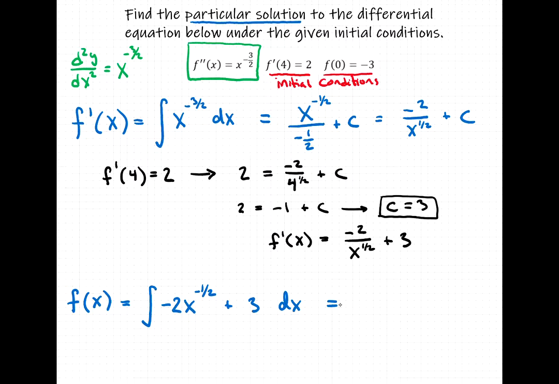When we take the antiderivative of -2x to the -1/2, we'll add 1 to the power, so that's 1/2, and divide by 1/2. And the antiderivative of 3 should be 3x, plus another constant of integration. We'll call these C1 and C2.